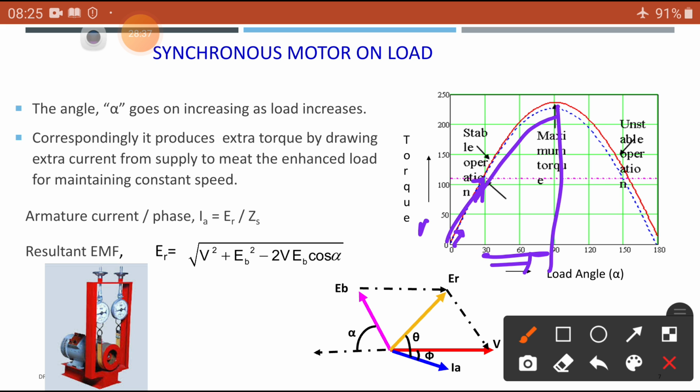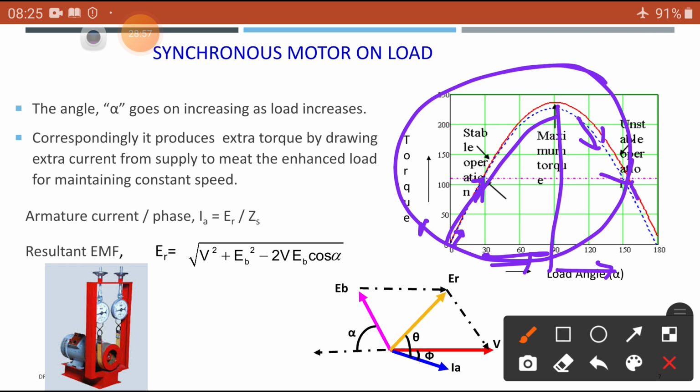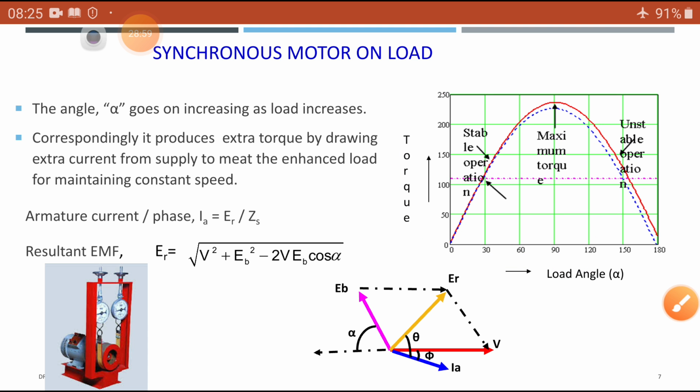At one stage it breaks the coupling between the stator axis and rotor axis, and the rotor comes to a standstill position. This we already discussed. Everything is mathematical proof.